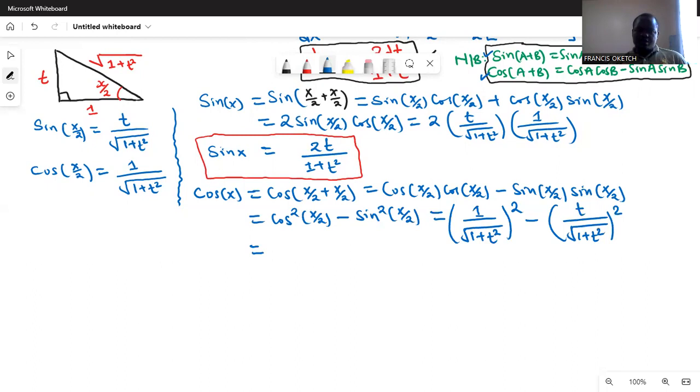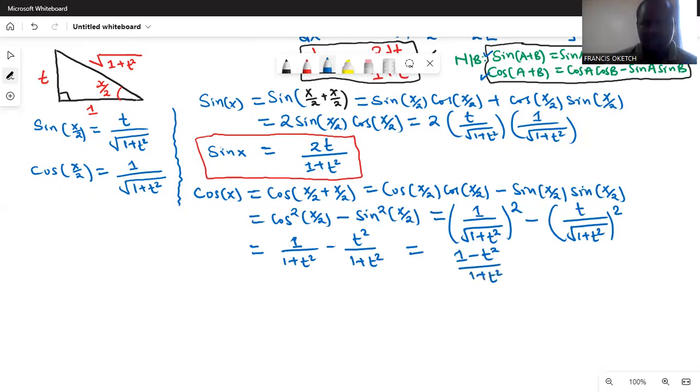So when you work out that, that will give us 1 over 1 plus t squared minus t squared over 1 plus t squared. And when you combine this under the common LCM, we get 1 minus t squared over 1 plus t squared.